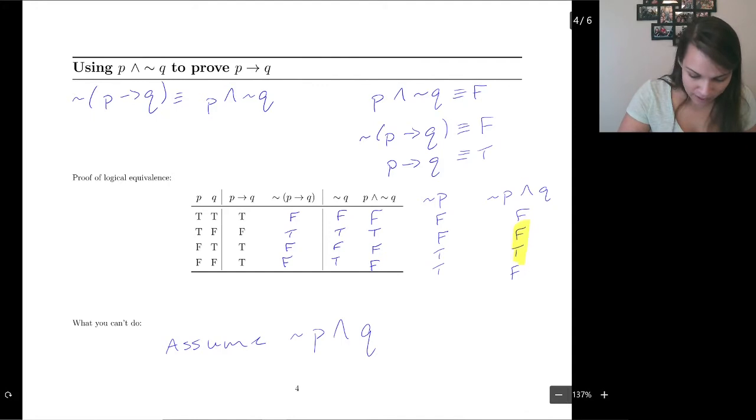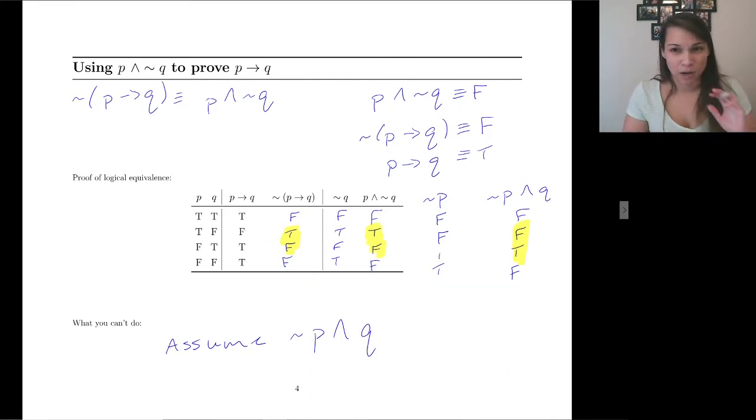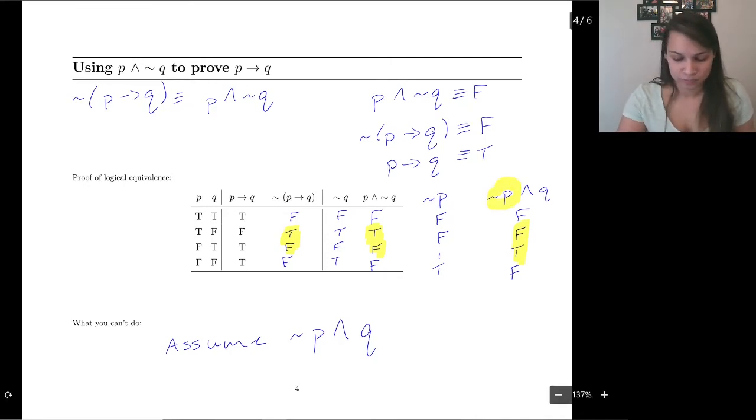So right here, those don't match. They're not going to be logically equivalent. These ones are. These ones are not. That's, I think, the biggest problem you end up encountering with proof by contradiction: you end up putting the not on the wrong thing.